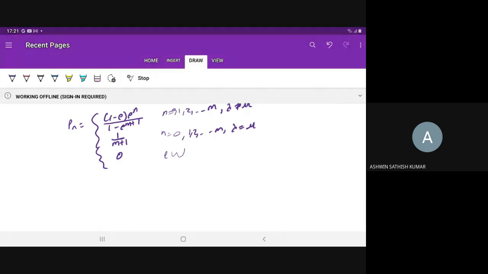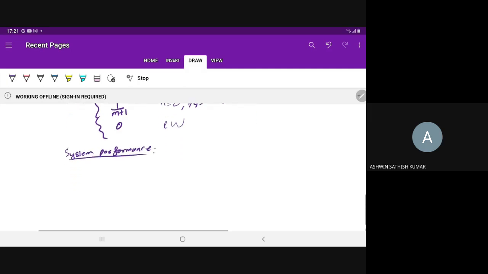So now, system performance. First, what is the L? Expected number of customers in the system.